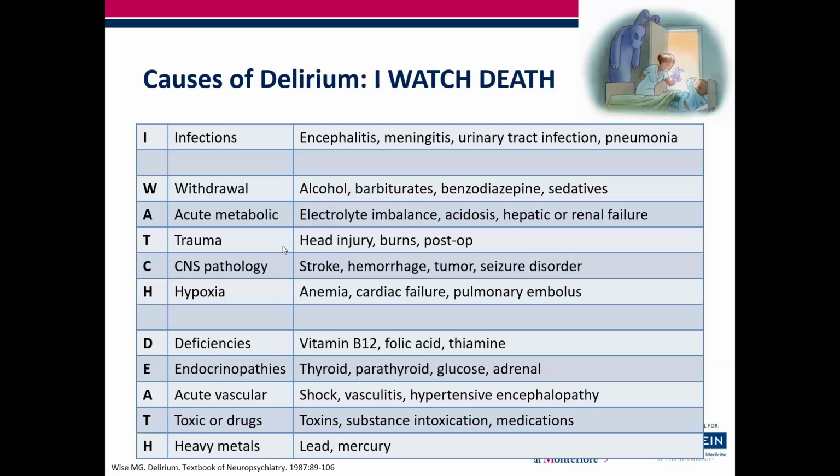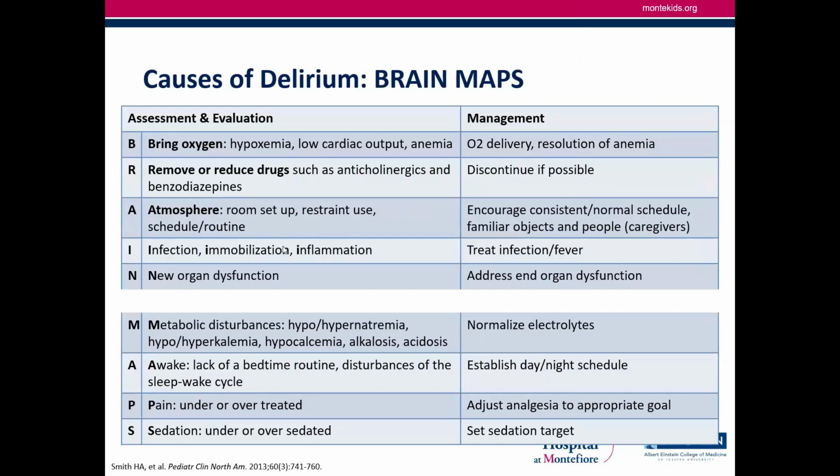Any endocrinopathies, so if they come in with adrenal insufficiency. Any acute vascular changes, so if they come in with septic shock, which is commonly seen in the ICU setting. Any toxic or drug changes, so if they have a toxic ingestion or substance intoxication. And then heavy metals, which is less commonly seen, but any ingestions of lead or mercury.